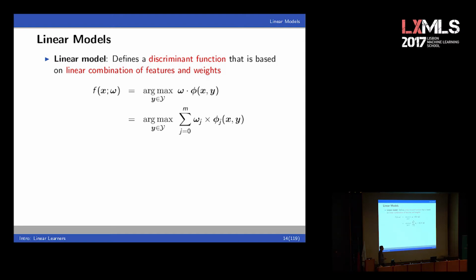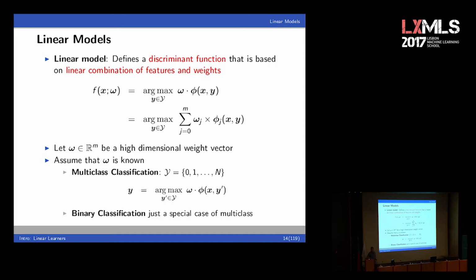And since we have more than one class, we want to find the model that, when we do prediction, gives us the maximum valued label under this linear combination, a linear discriminant function. So basically, when we want to do prediction, we want to do multi-class classification. So the model we learn, we directly use to do prediction.